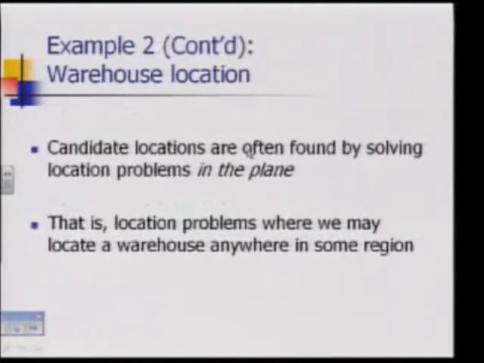And if we talk about the candidate locations, they are often found by solving some location problem in a two-dimensional plane. In this case, with location problems, we may try to say I can put a facility arbitrarily within some region.